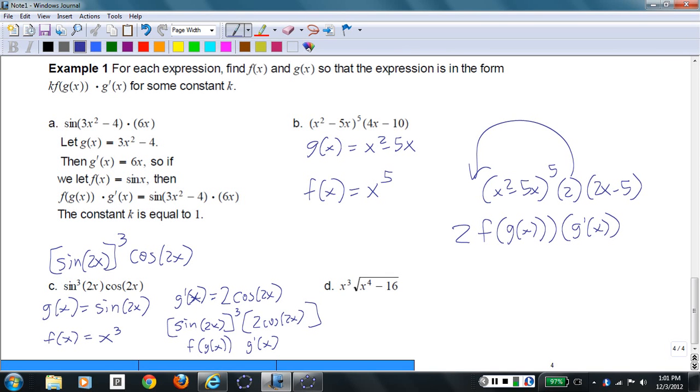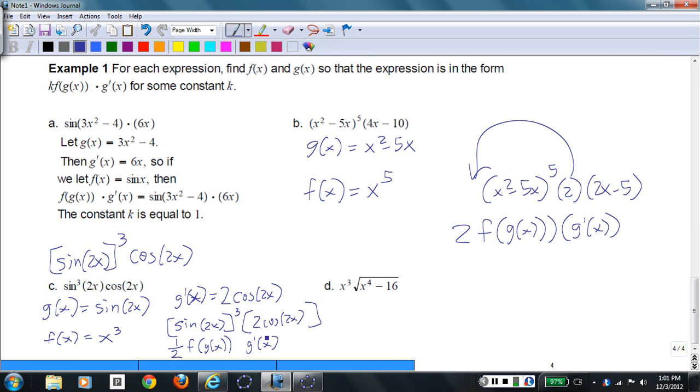So what we have to do here is adjust by multiplying by 1/2. In this one up here we had an extra 2 that we didn't need, and here we're missing the 2.